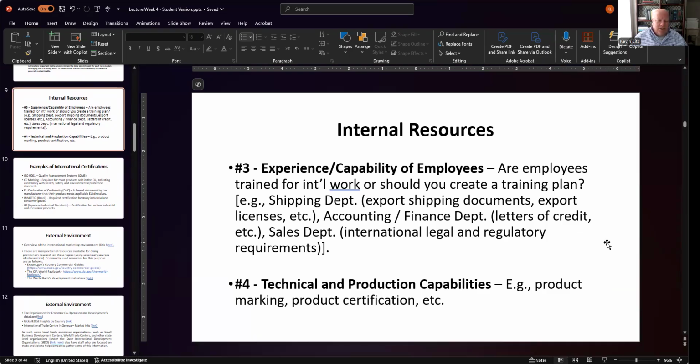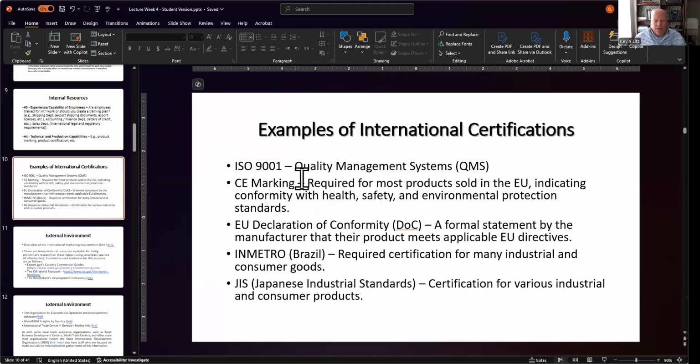Next, technical production capabilities. Let's say I'm selling into Europe. I'm going to need what's known as the CE mark. We'll get into that a bit later, but is your plant ready to get that certification to be able to sell into Europe? Here are some of the marks. In North America, we see a lot of companies following ISO, the International Organization for Standardization. ISO 9001 happens to be a self-certifying system of quality.